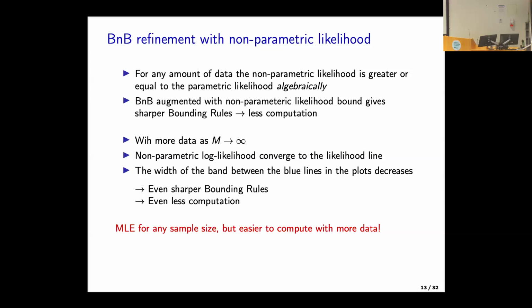And that means that that band where you have to do calculations becomes narrower and narrower. But at the same time, we're computing MLE every time. It's just that the amount of computations now depends on the sample size. So you improve numerical efficiency of the estimator, while the statistical efficiency, well, also improves. But it's MLE.